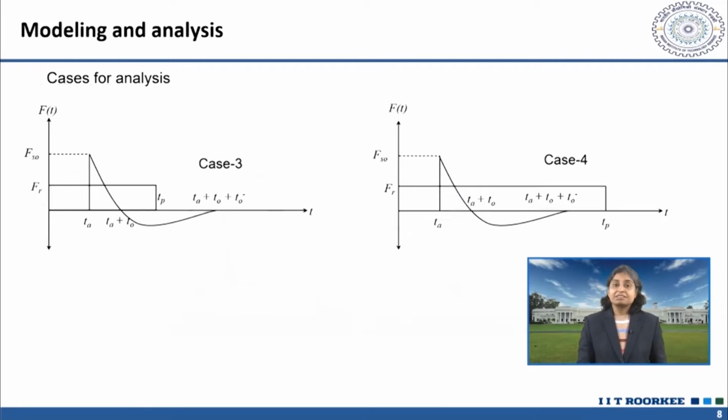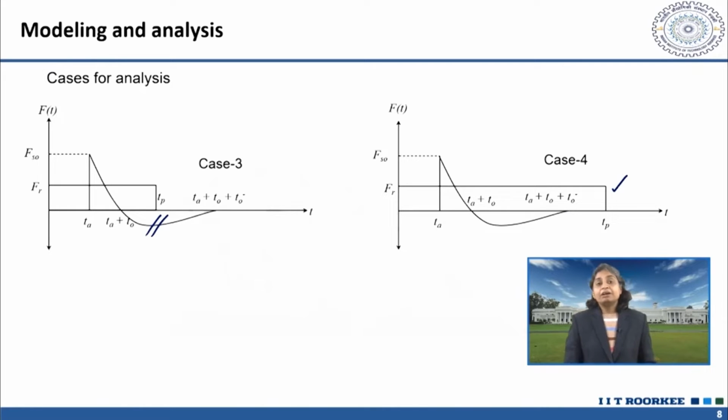Now, the third case can be that the rectangular pulse is getting over in the negative phase of the exponential pulse loading, and the fourth case was defined where the exponential loading because of the blast event is getting over before the rectangular pulse.